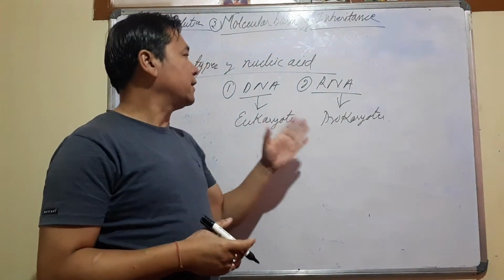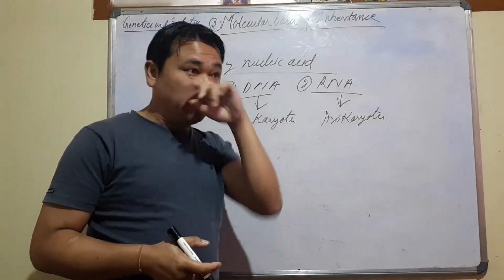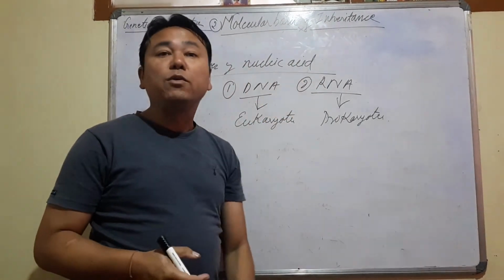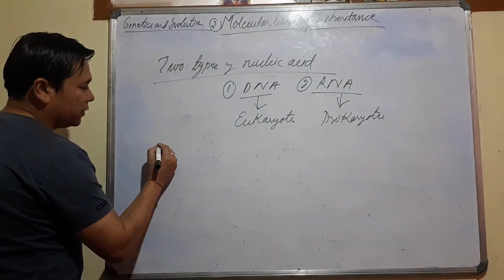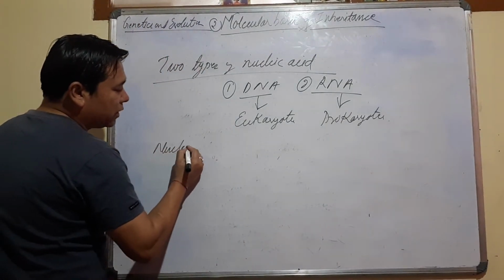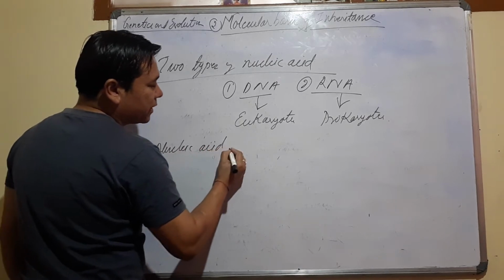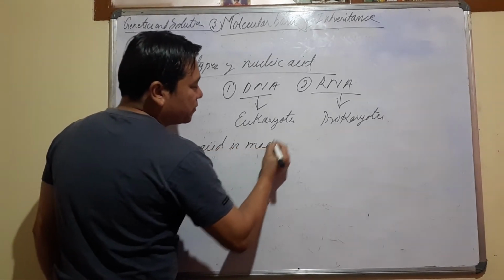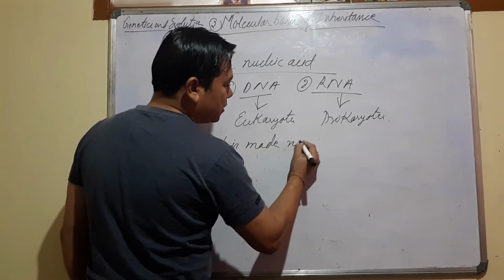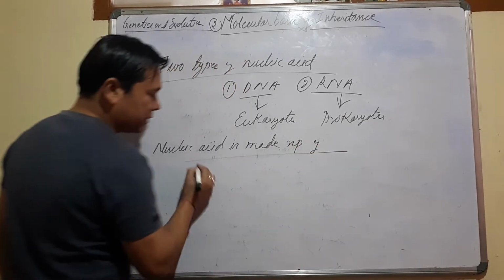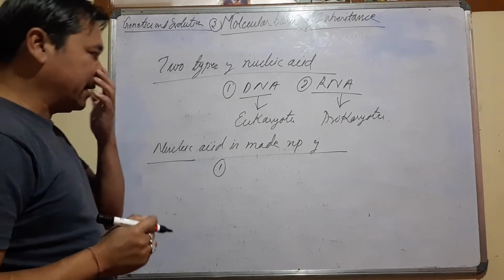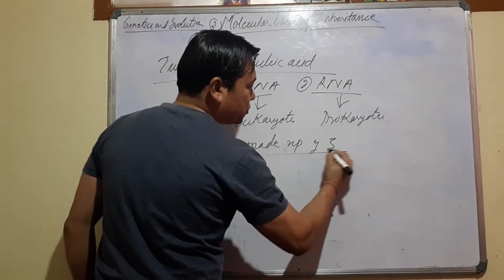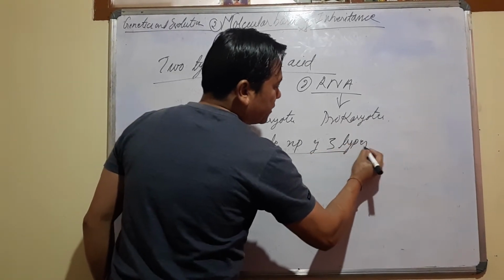Yes or no? So okay, these are the two types of nucleic acid, and both these two types of nucleic acids are made up of three types of components. Okay, nucleic acid is made up of three types of components.